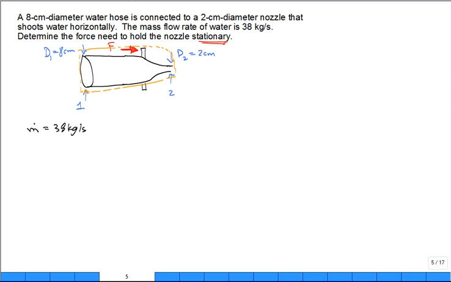So for that control volume, we can do a linear momentum analysis. So what does the equation look like? We have the sum of the forces acting on the control volume. The force of the handle, true? Is there any other force acting? Well, you have fluid pressure right there. So there's P1.